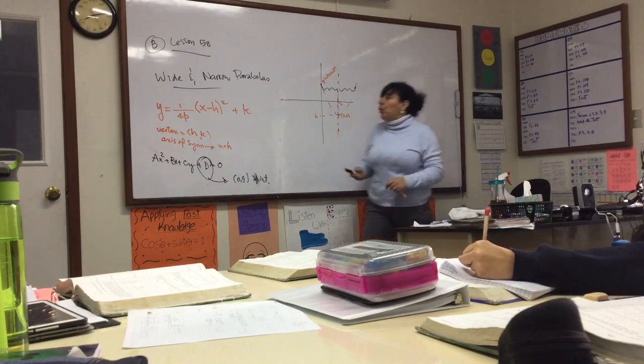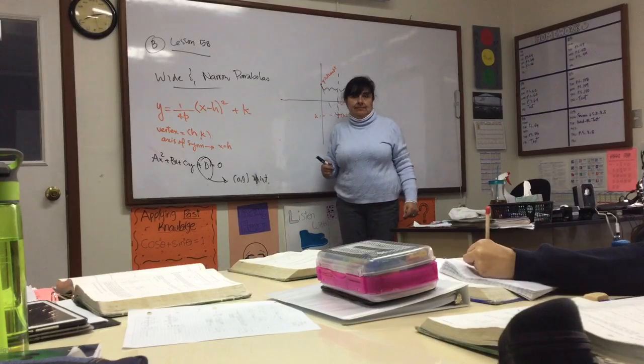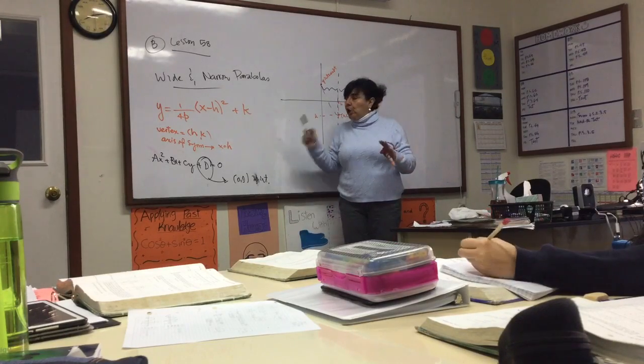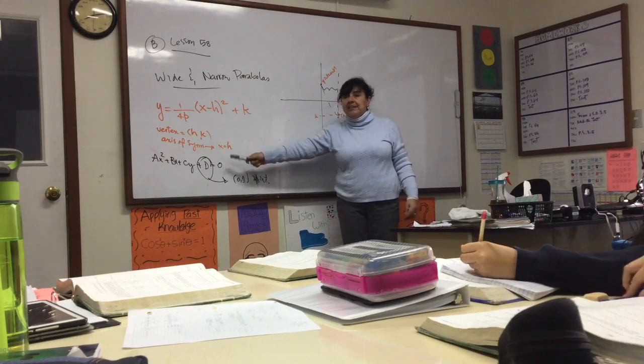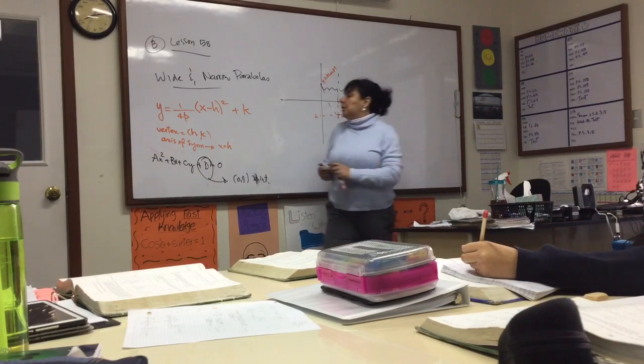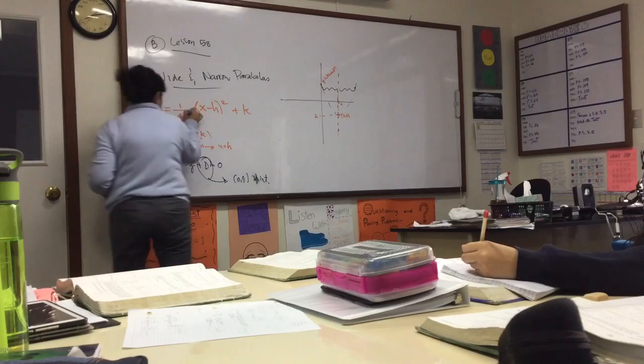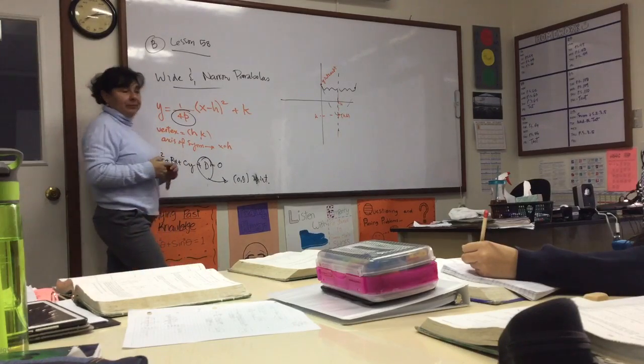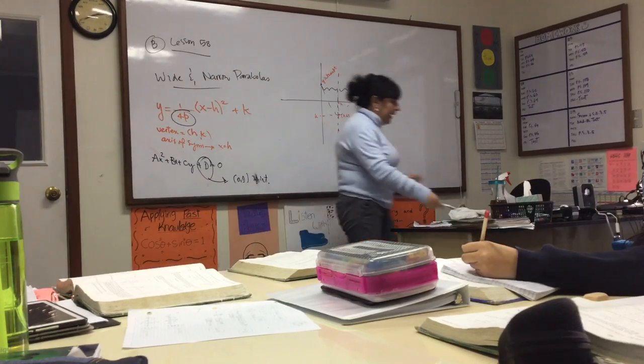Now, you're only going to get this. So you could go back and turn it into this and find the y-intercept. Or you can use this, the 4p. Why?